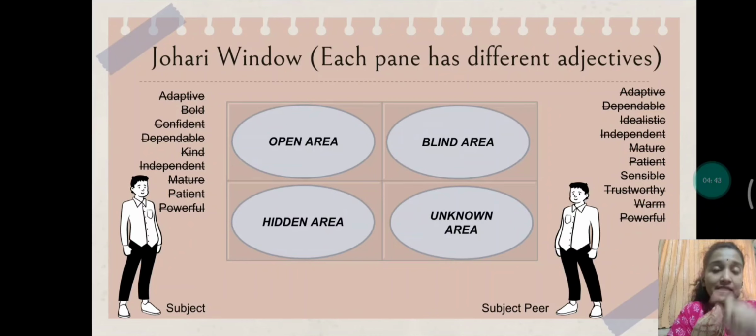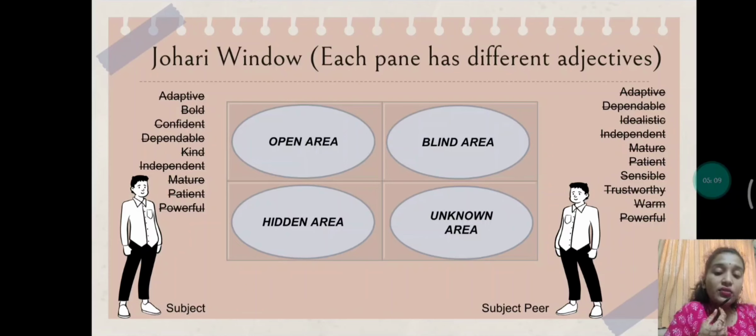So the next question is how will you improve or how will you actually expand these certain areas. So first you need to push the things. Okay, push the things means you should know more about the things that other people perceive about you. First you should know what other people think about you.